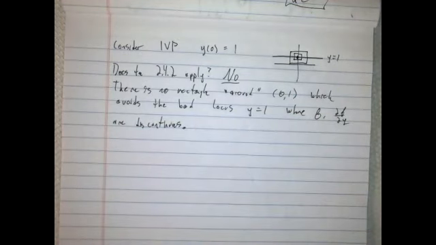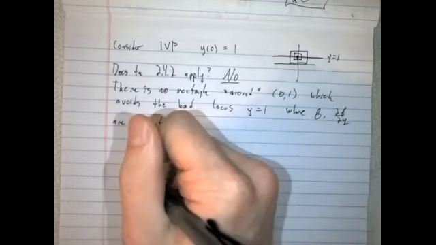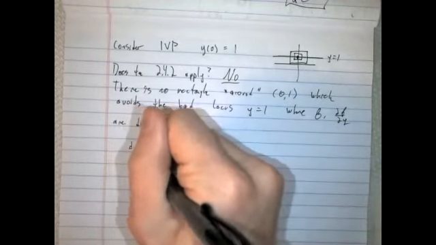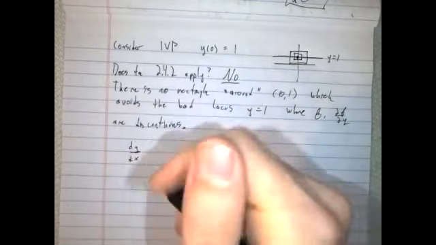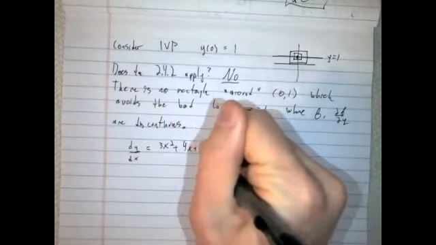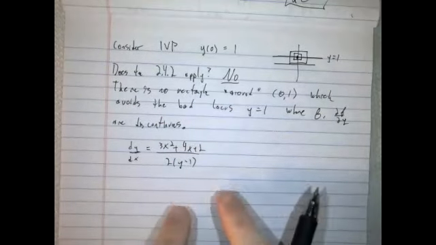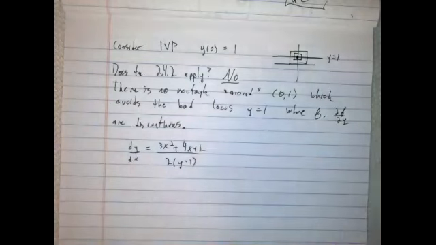So this means that the existence and uniqueness theorem does not apply, and we can find very explicit examples. To solve this differential equation, dy/dx = (3x^2 + 4x + 2)/(2y - 1), you know how we solve this.